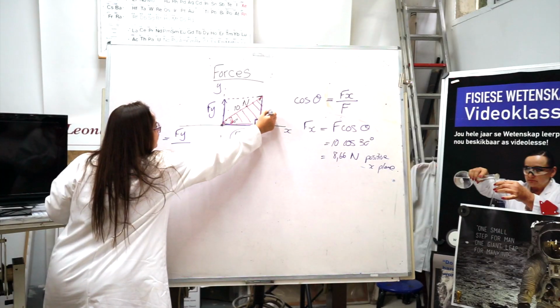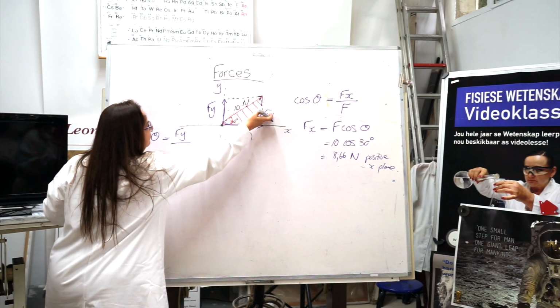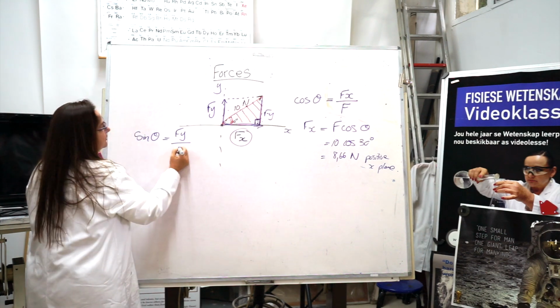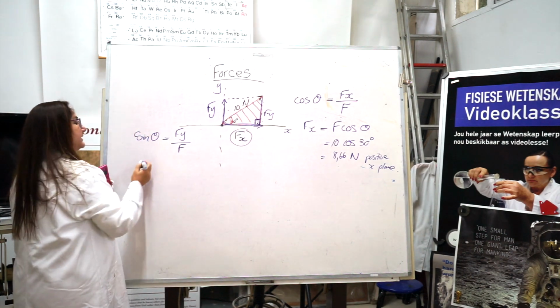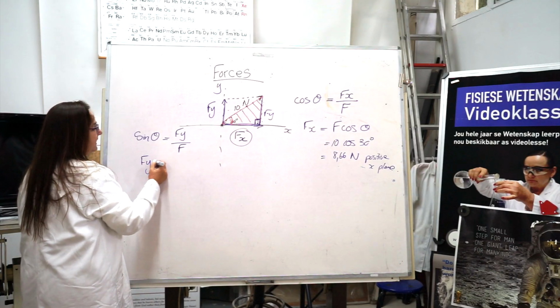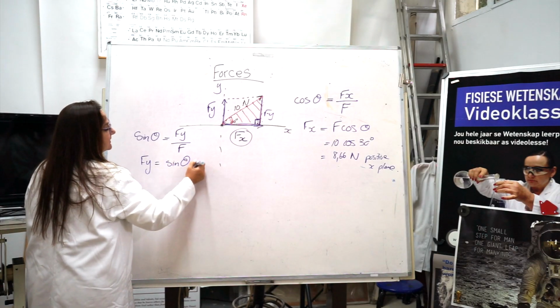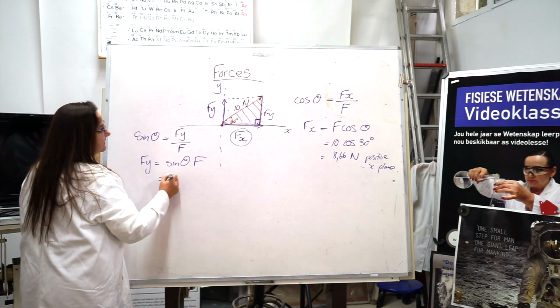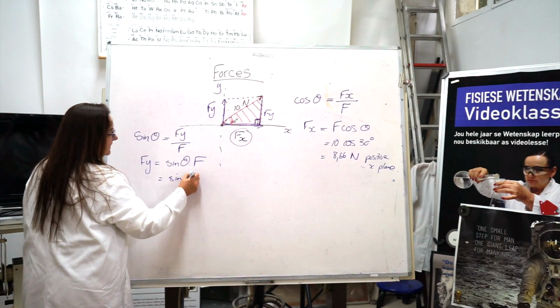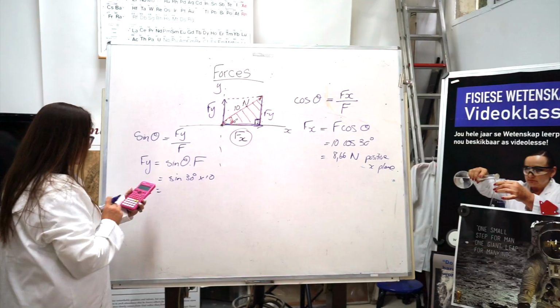So sin 30 degrees equals Fy on that 10 Newton, which is my F. That means that my Fy equals sin theta times F. Sin theta in this case is sin 30 degrees, times that 10 Newton. I think that's going to give me 5.